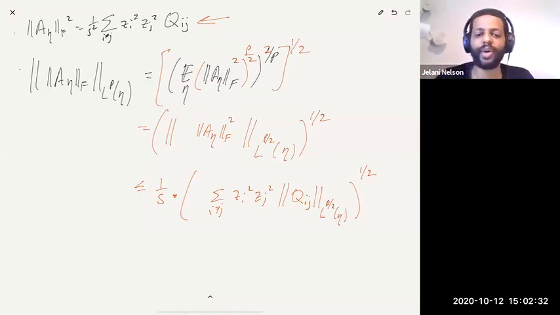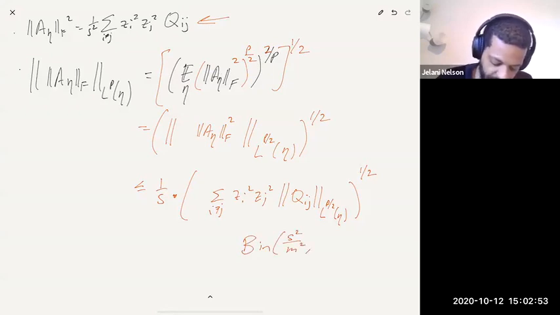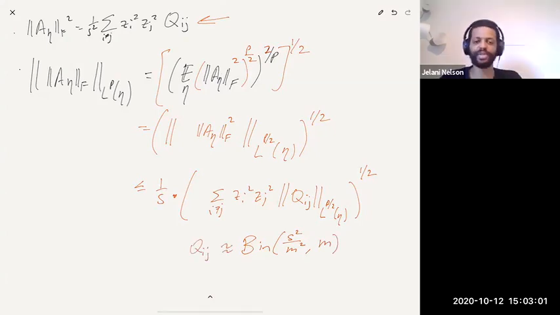It's roughly s over m quantity squared, because there are s non-zeros out of m rows. So it's s over m times s over m, which is s squared over m squared. So this looks a lot like the binomial distribution, where I'm summing up Bernoullis with p equal to s squared over m squared, and I'm summing it m times. Qij is roughly a binomial distribution like this.